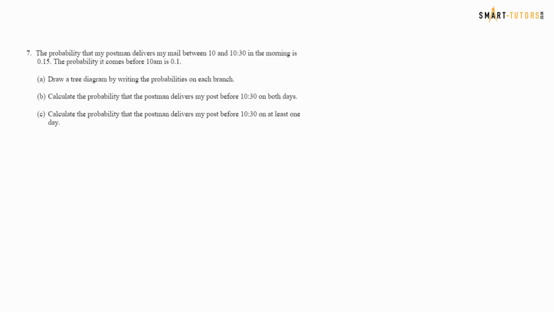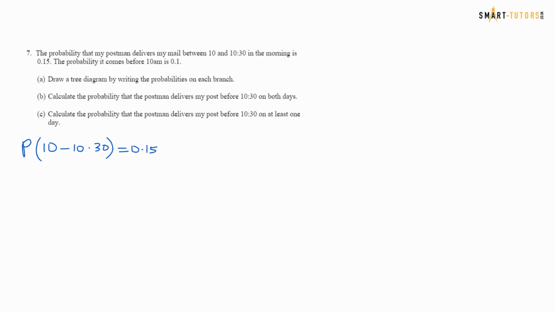Question number 7. So question number 7, the probability that my postman delivers my mail between 10 and 10:30 in the morning is 0.15. So between 10 and 10:30, the probability is 0.15.